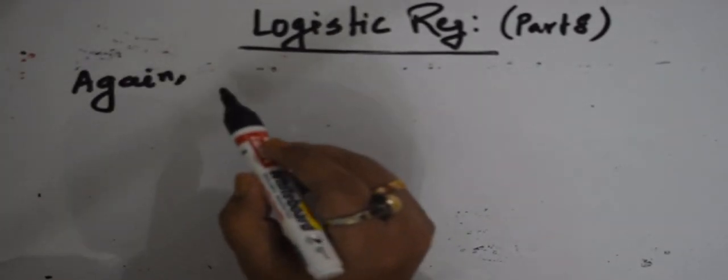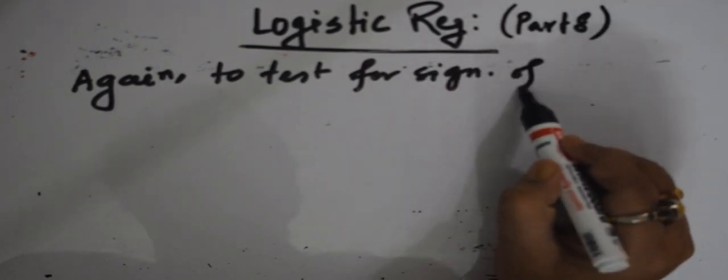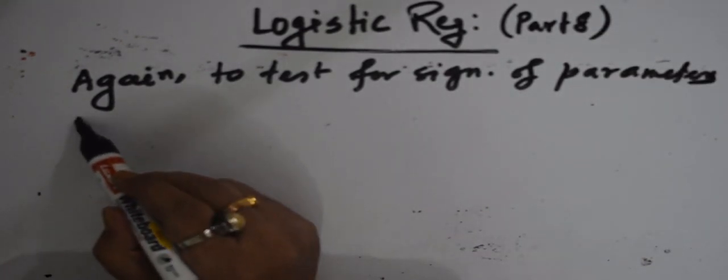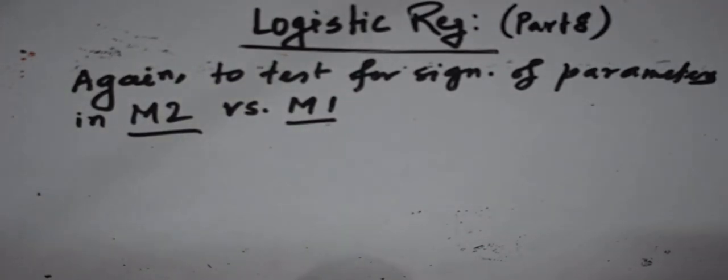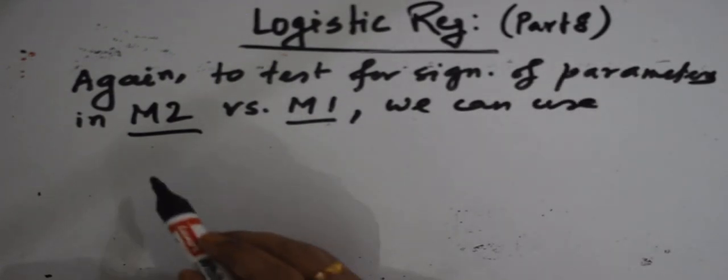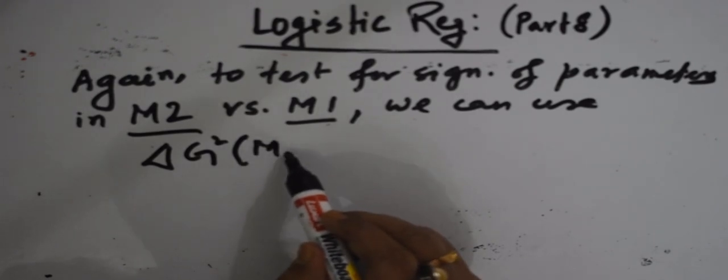Again, to test for significance of parameters in M2 versus M1, which is defined in our video part 7, logistic regression, we can use del G square of M2 given M1.